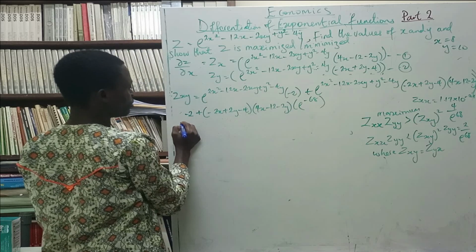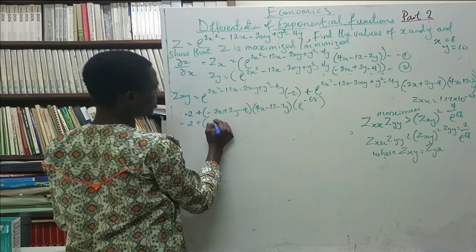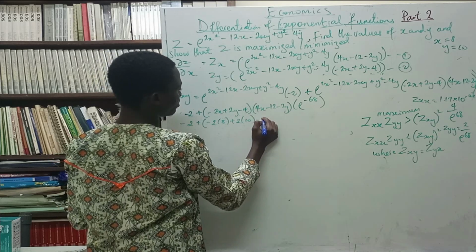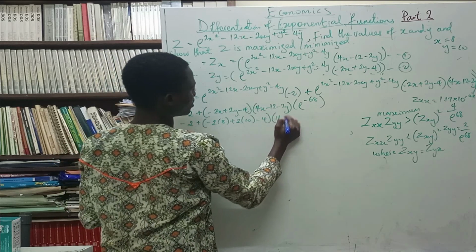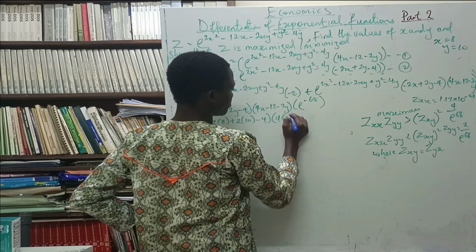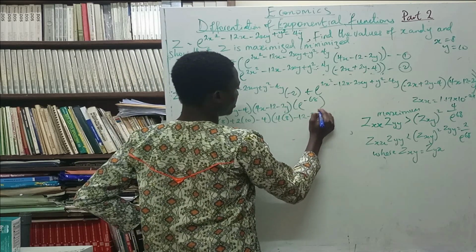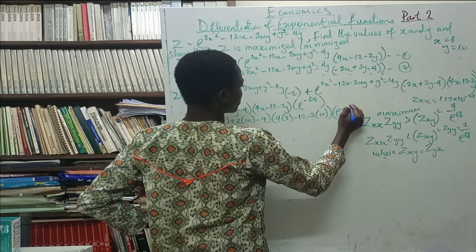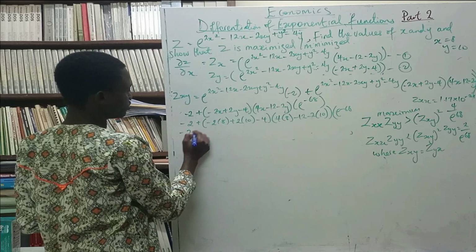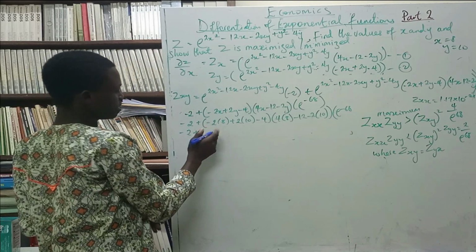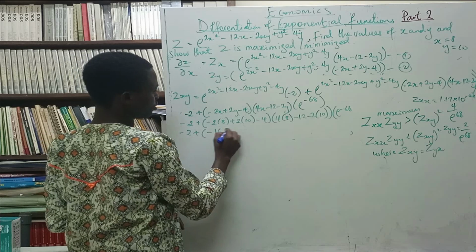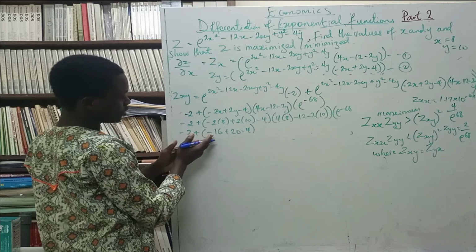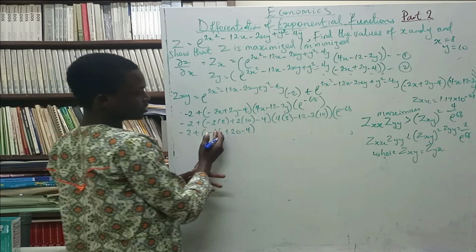Okay, so minus 2 plus minus 2 into bracket 8 plus 2 into bracket 10 minus 4, then 4 into bracket 8 minus 12 minus 2 into bracket 10. So everything times e raised by minus 68. So we have minus 2 plus minus 2, this is minus 16 plus 20 minus 4. If you look at minus 16 plus 20, that's 4, this is already 0.